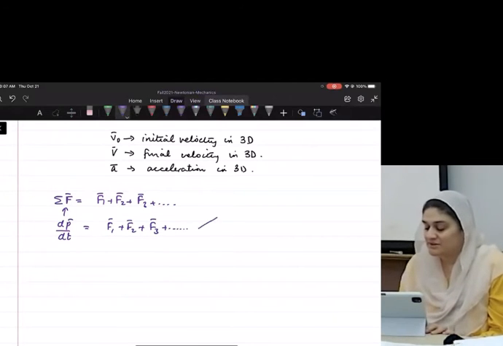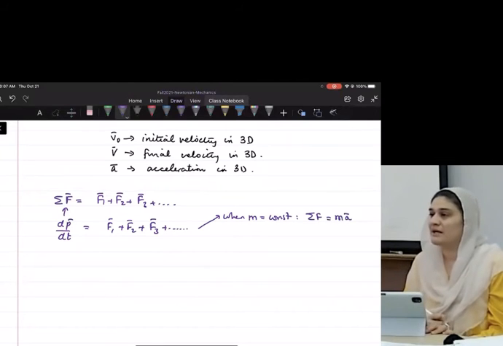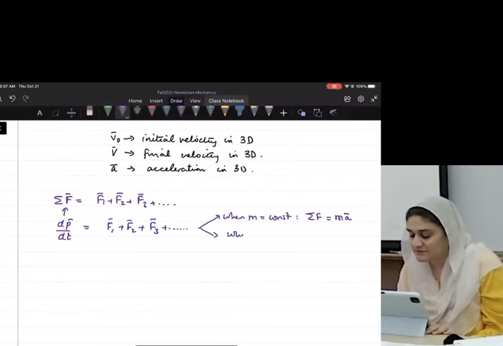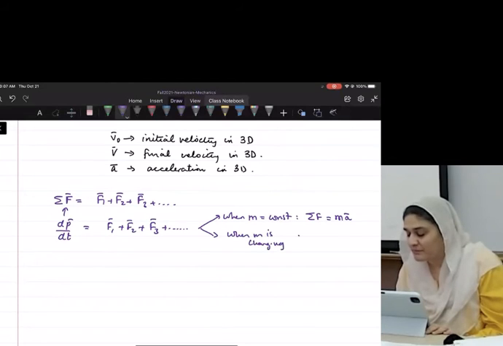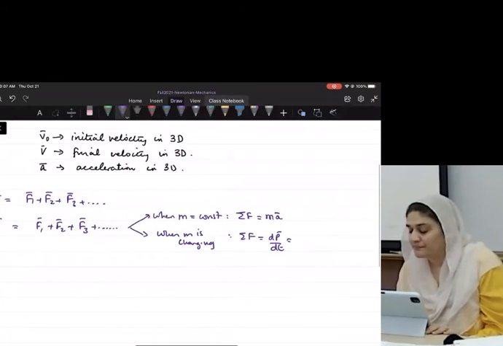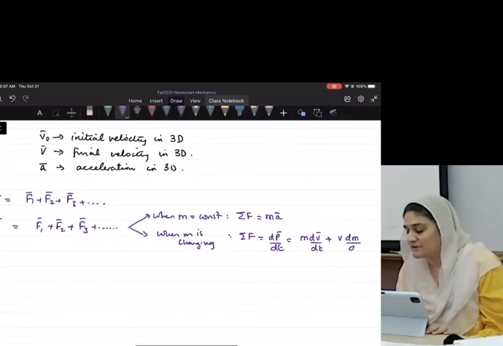When m is a constant, this equation reduces down to ma. When mass is not a constant, when mass is changing, we still write sigma Fs equals dp over dt, or m dv over dt plus v dm over dt.